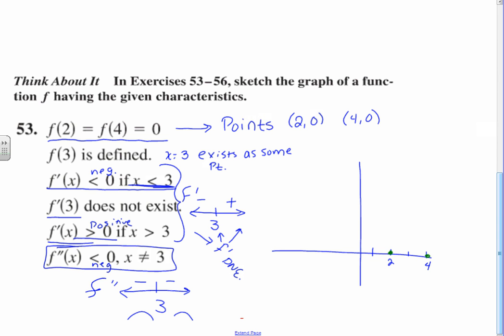Well, this region of 3 was kind of an interesting one. I've got to come through 2, and I know that it's a decreasing function followed by an increasing function. I think what I'm going to do is come into 3 with a sharp point and leave it. I made mine look like a cusp. Excuse me. So that should be fine.